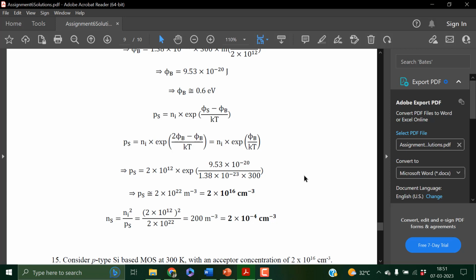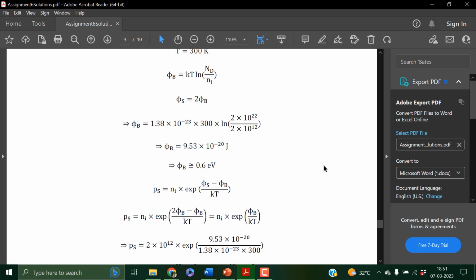First you find phi b using kT ln(ND/Ni). That part is over. Once you know phi s and phi b, you can use PS equal to Ni exponential of (phi s minus phi b) by kT, right?